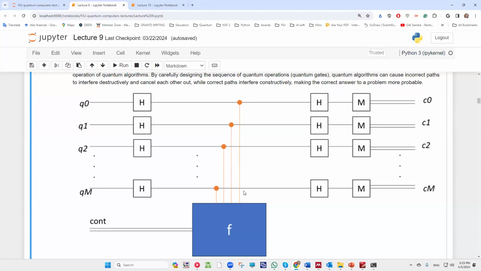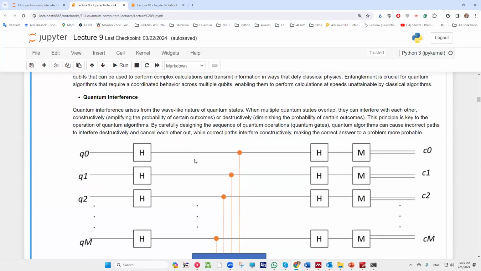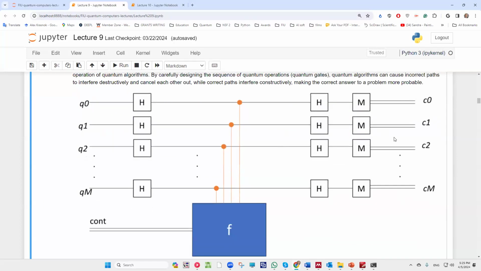So it's a set of quantum gates that affect and control all the qubits in a way to enable this interference between all the qubits so that the answer appears on one or a number of output qubits.